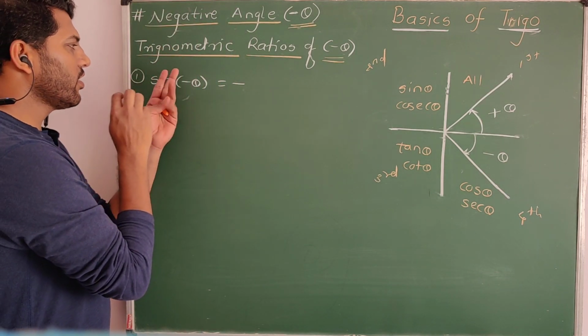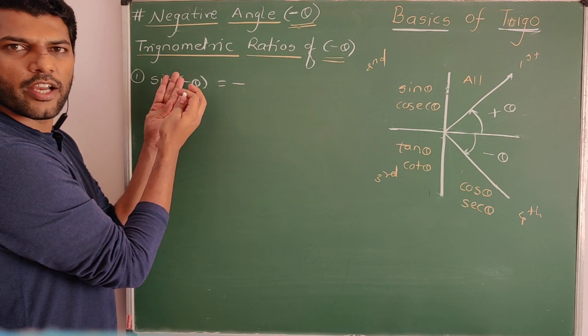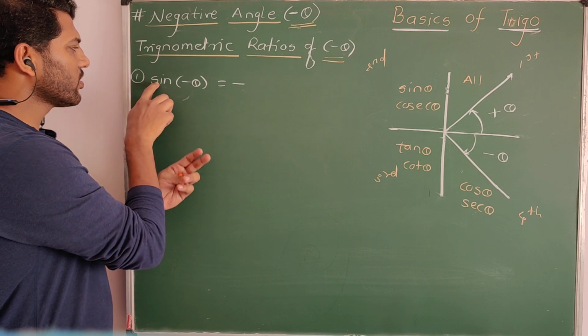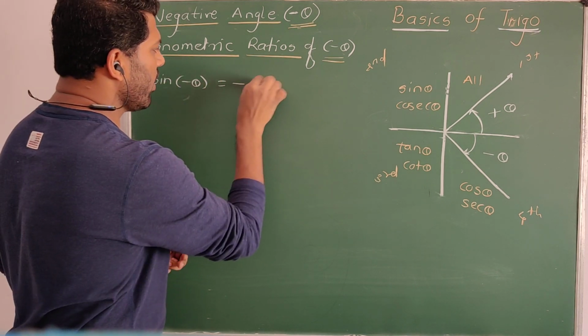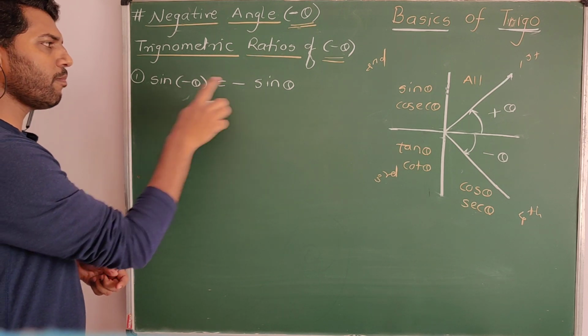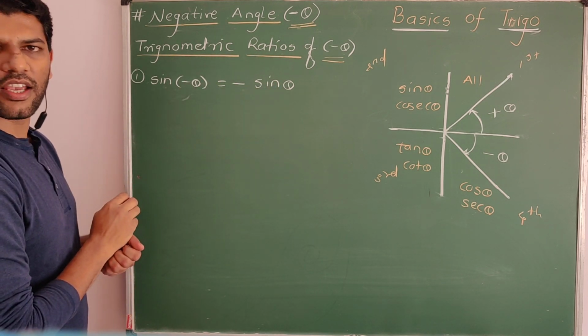And there is no 90 or 3 pi by 2 to change the trigonometric ratio, so just simply write sine theta. So the final answer is minus sine theta. So sine of minus theta is minus sine theta.